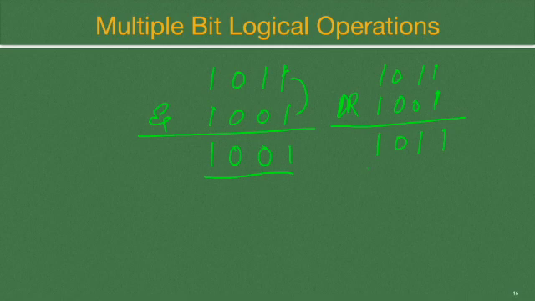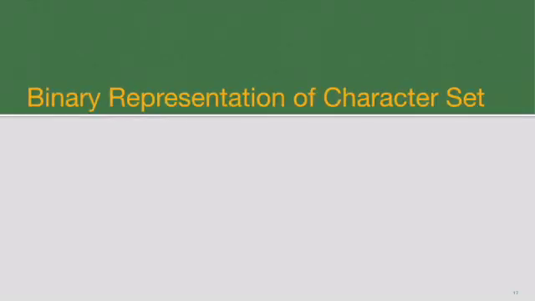So this will be the result of the logical OR operation. So note that multiple bit logical operation is just equivalent to performing the bitwise operation on each of the pair of bits. The last part of today's session is binary representation of character set.